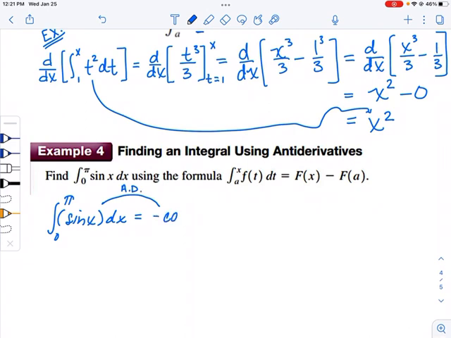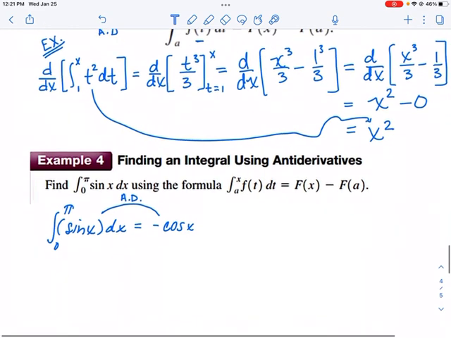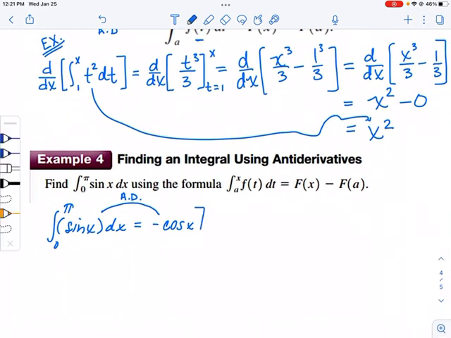Because if I reverse it, remember, doing that think cycle, that means the derivative of negative cosine is going to be positive sine. Okay? All right, so now that we have that, now I'm going to say negative cosine x, and then we have from x is equal to 0 to pi.